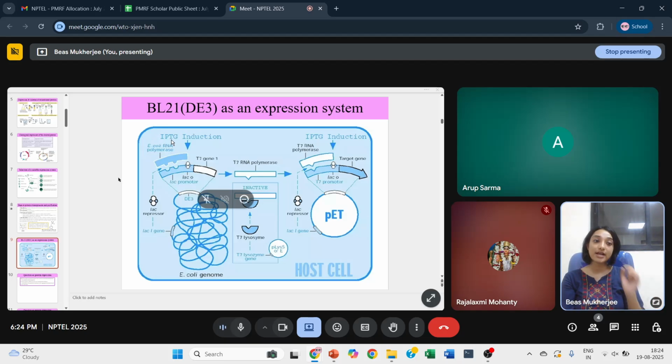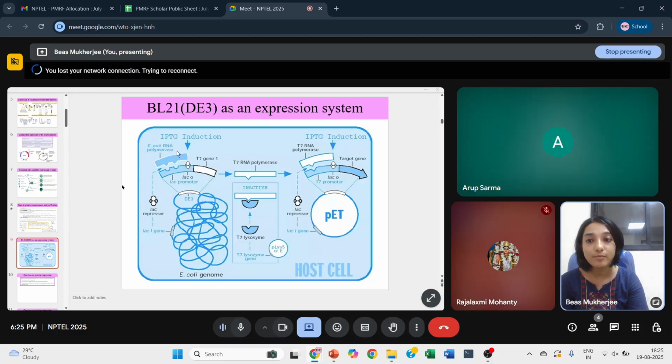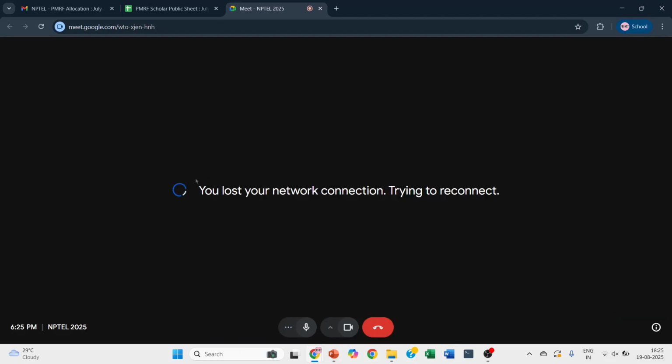That is why T7 RNA polymerase is used for bacterial overexpression of our required proteins, our protein of interest, right? So see, normally what happens is this lac repressor is preventing the production of this T7 gene.